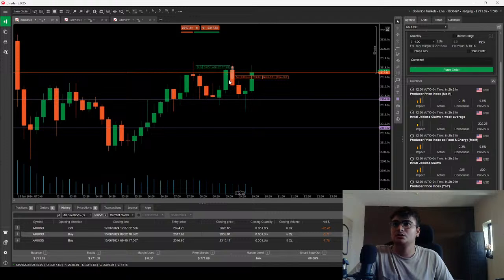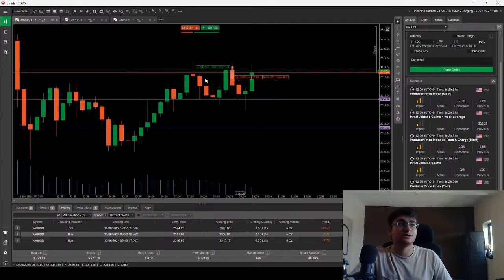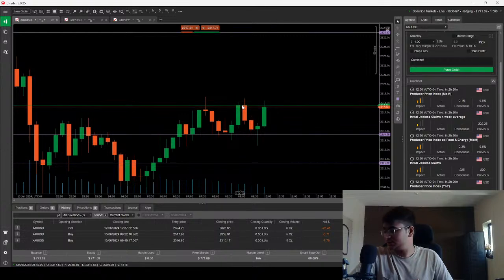When we took this first trade, here you can see the price did break above. I thought this was a good resistance, good support, and price would continue going up and could break above these areas.